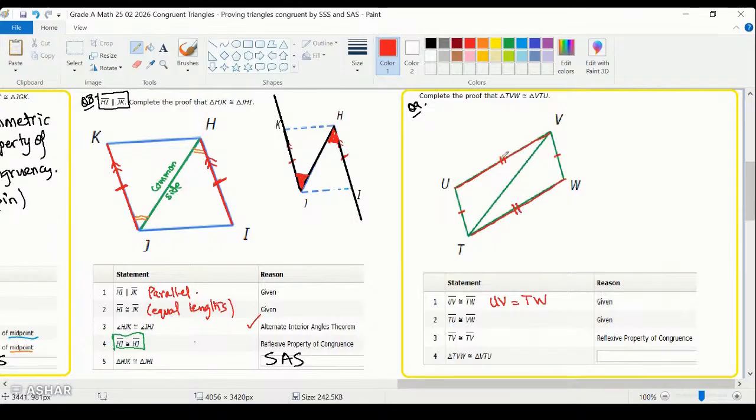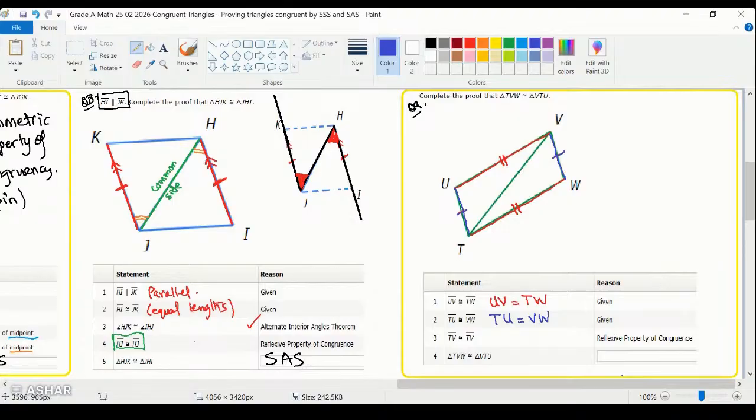So one side is given to us, which is exactly the same. For the second one, TU and VW. The length of this side is the same as the length of this side. So that means two sides are already given to us, right? Let's look at the third.